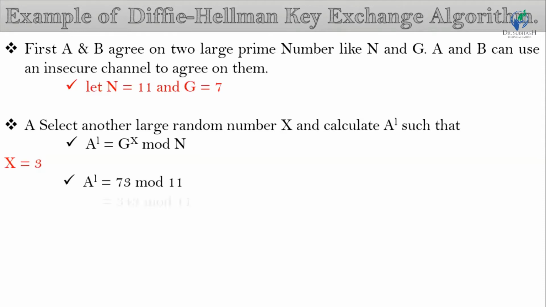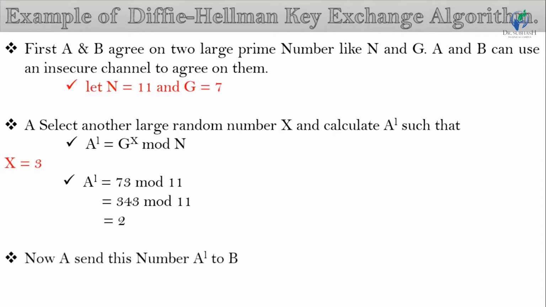That is 343 mod 11, so A dash is equal to 2. Now A sends this number A dash to B.